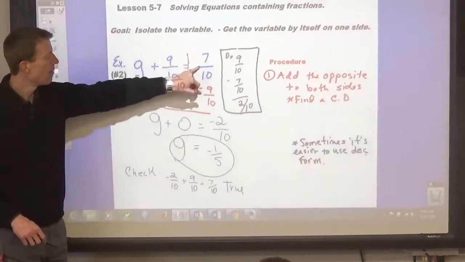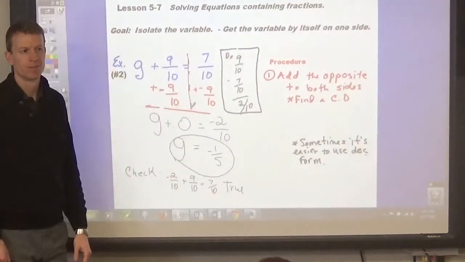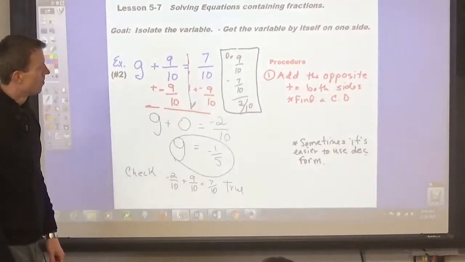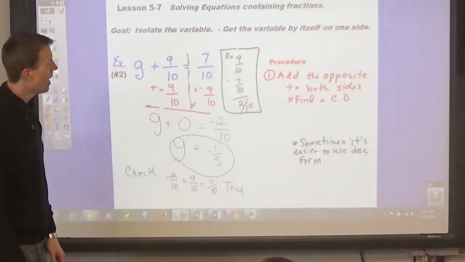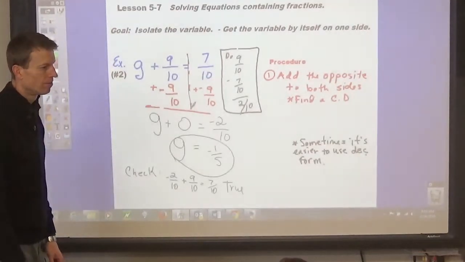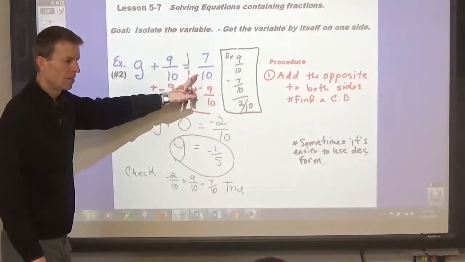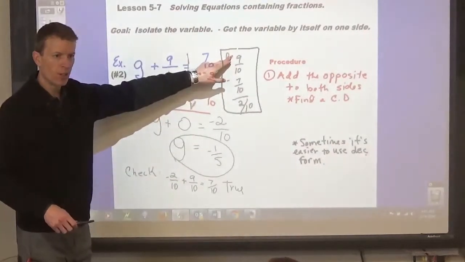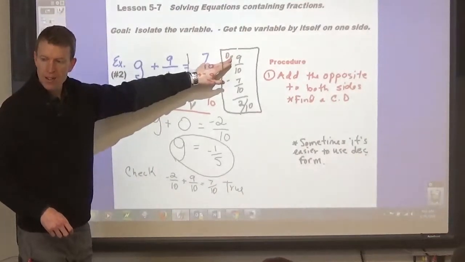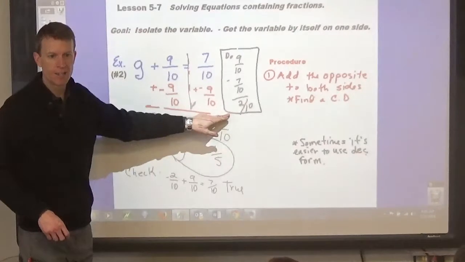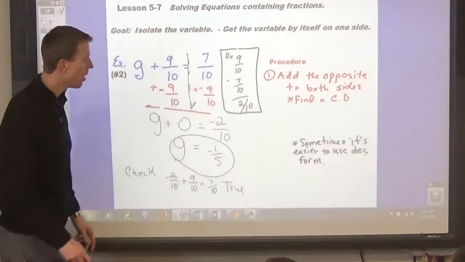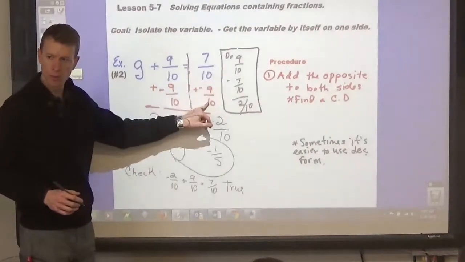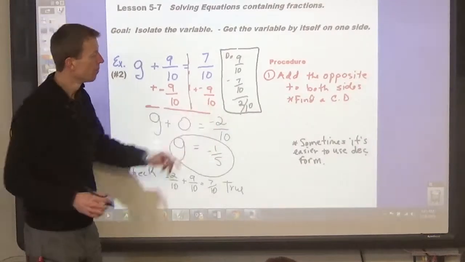Now, how do you add 7/10 plus negative 9/10? But how do you do that? How do you add that? 7 plus... Okay. Now, one of the things you have to remember is that you always need to add the bigger number minus the smaller number to find the difference. Okay? I'm going to show you another way to write this, though. Once you have a common multiple, or a common denominator, look at it this way.